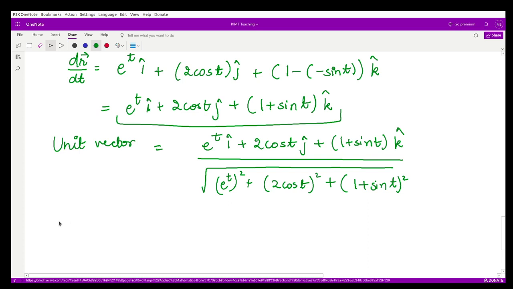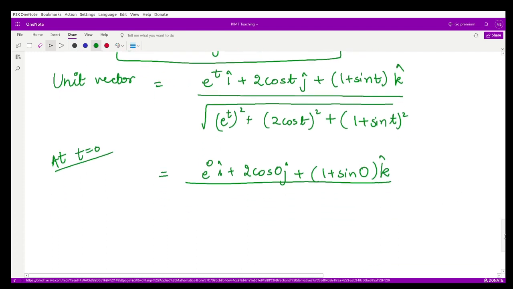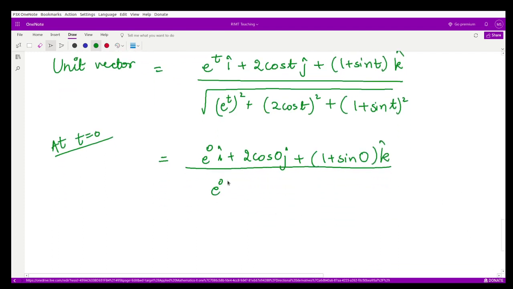and moreover we are to calculate this at the point t is equal to 0. Remember, in the question we are given t is equal to 0. Therefore this unit vector becomes e to the power 0 i cap plus 2 cos 0 j cap plus 1 plus sine 0 k cap. This is the above vector, and in the denominator we have the quantities e to the power 0 whole square plus 2 cos 0 whole square, and then we have 1 plus sine 0 whole square, square root.